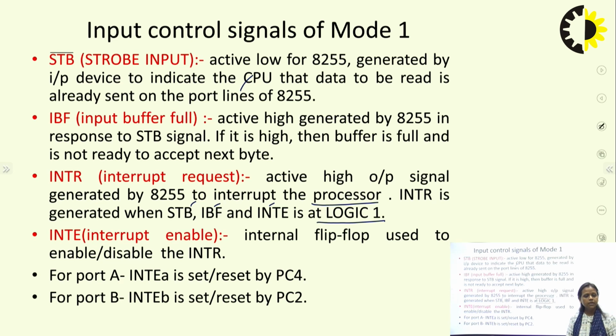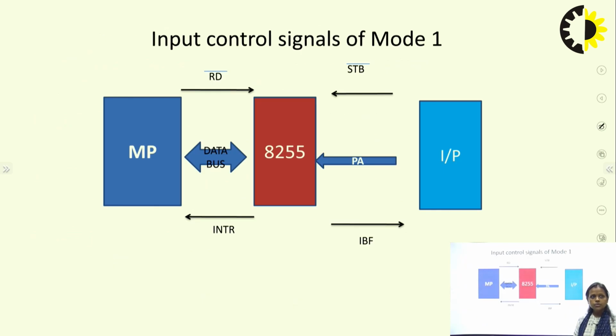And this interrupt enable is the internal flip-flop which is used to enable or disable the interrupt. So, for port A, INTEA is set or reset by PC4, and for port B, INTEB is set or reset by PC2.